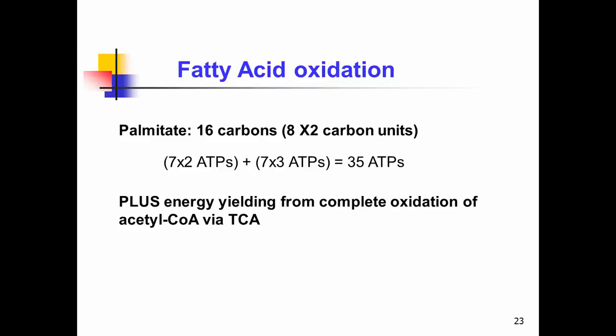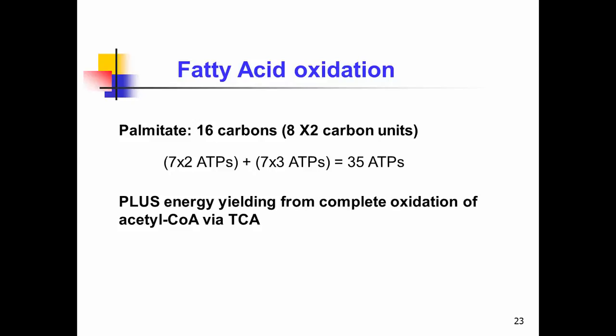So 35 ATPs can be made from beta oxidation of palmitate fatty acids. But for an 18 carbon fatty acid the number can be different, right? So again, this just gives you a sample calculation.